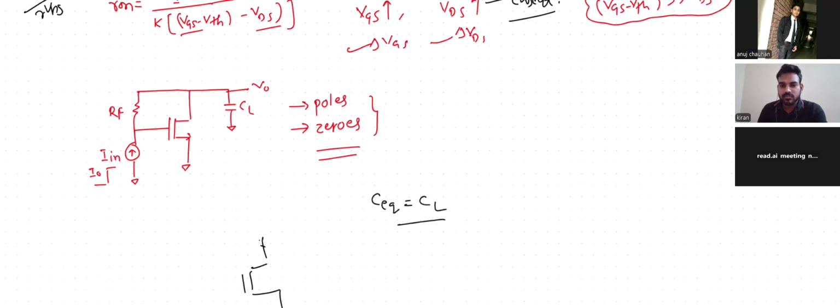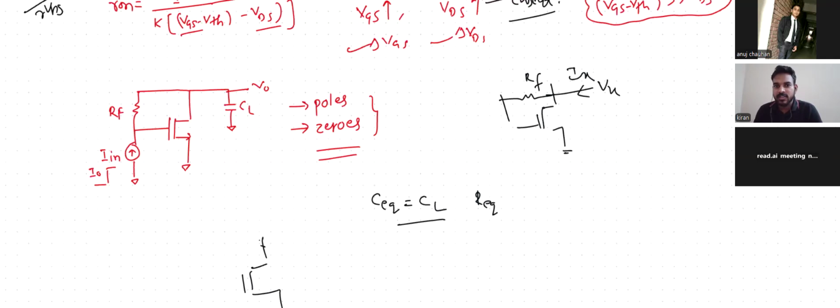While coming to the R equivalent, I will nullify the input. I have to apply Vx here, Ix. If I find Vx by Ix, I will get R out or R equivalent.